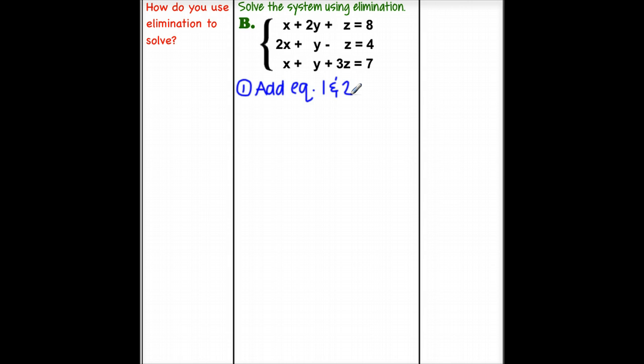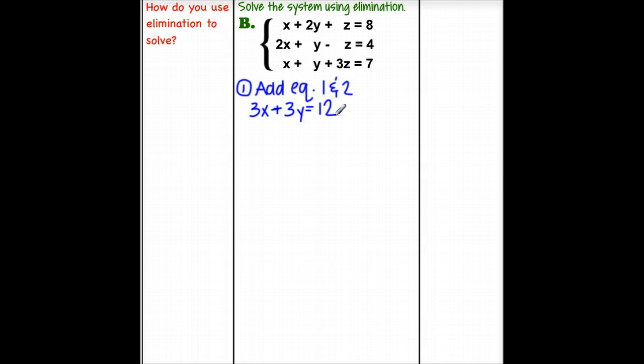So if I add those 2 equations together, I get 3x plus 3y equals 12. Now, because I've eliminated z, I want to eliminate z in another one to create a new equation.